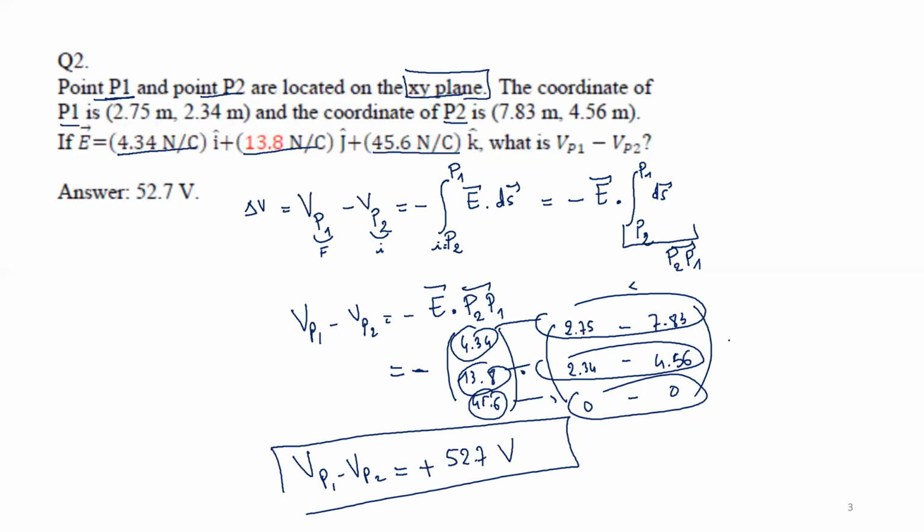So it will be minus Ex times P2P1x minus Ey times P2P1y, and of course this is 0. Okay, very simple and very clear.